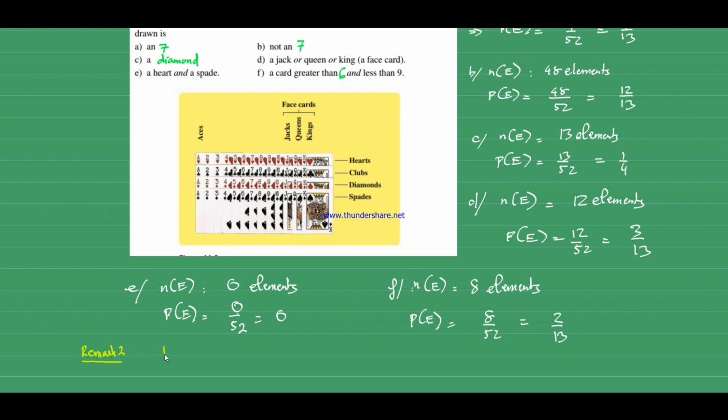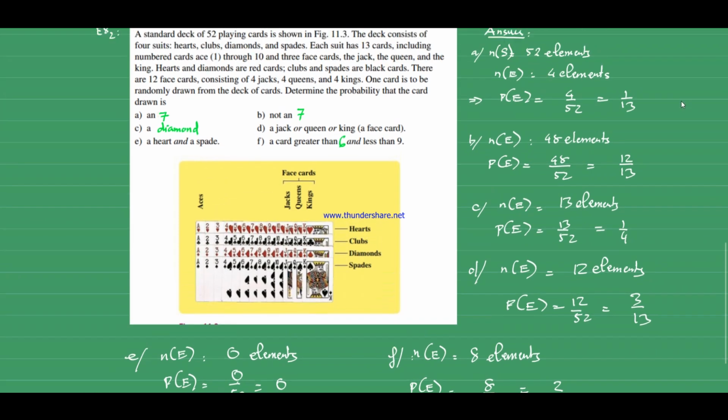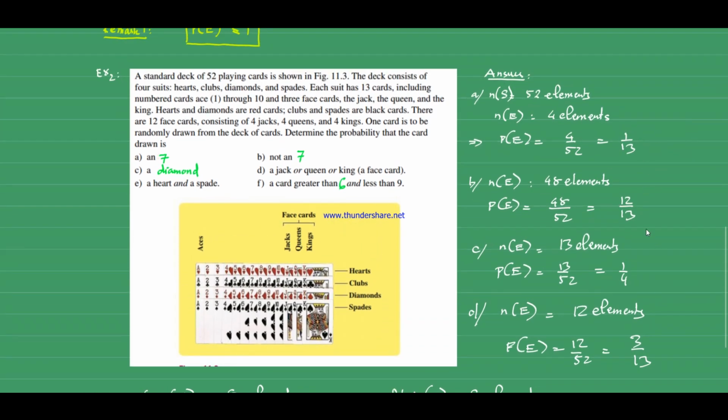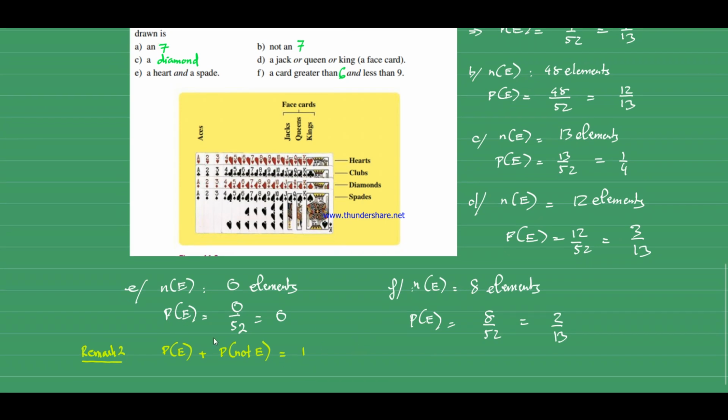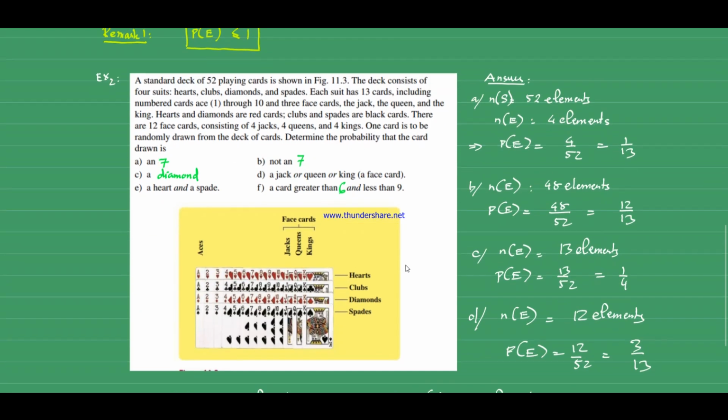The probability of the event plus the probability of not that event turns out to be 1 all the time. Look at this: 1 over 13 plus 12 over 13 gives you 13 over 13, which is 1. This is a very important remark, okay? The probability of getting an event plus the probability of not getting that event is equal to 1.